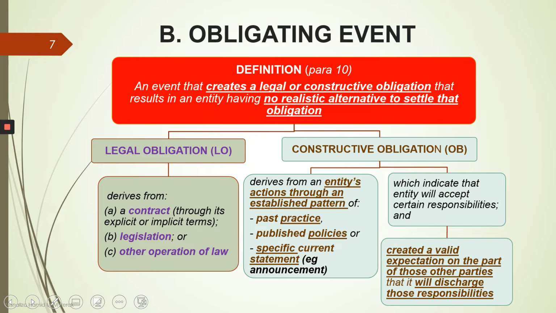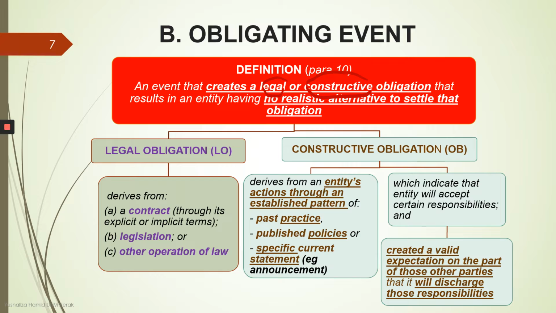We go to the next part. If we say that a past event will give rise to present obligation, we are saying that the past event has given you some kind of obligation. That is what you call an obligating event. An obligating event is an event that creates either a legal obligation or a constructive obligation.